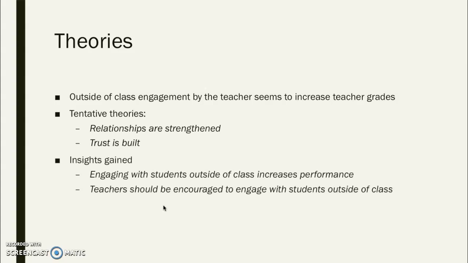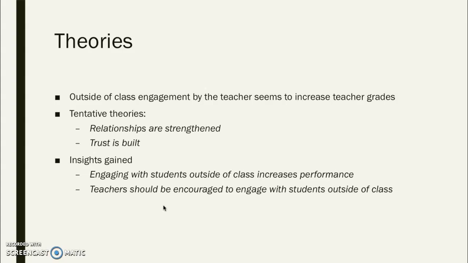So, a couple of insights gained. I was fairly aware that a teacher that was engaged with their students inside of the class was going to see better results from their students grade-wise. However, I was a little surprised to see that relationship seems to also continue to happen for outside of class engagement.